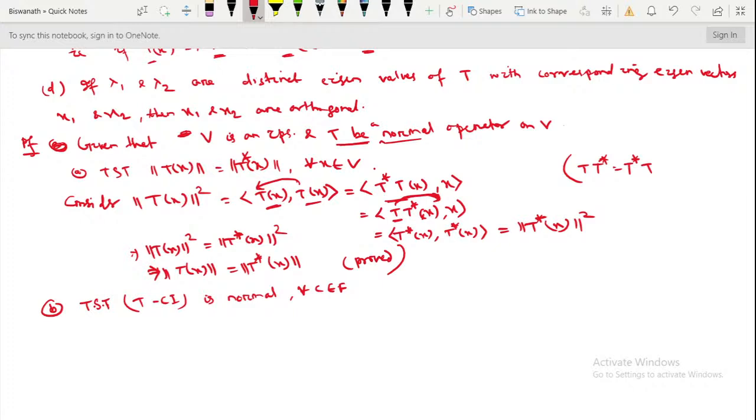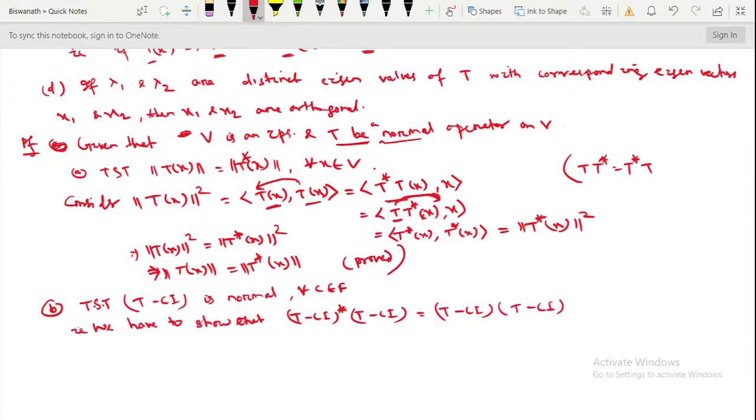So how to show that T minus cI is normal? We have to show that (T minus cI)* with (T minus cI) is equal to (T minus cI) into (T minus cI)*.